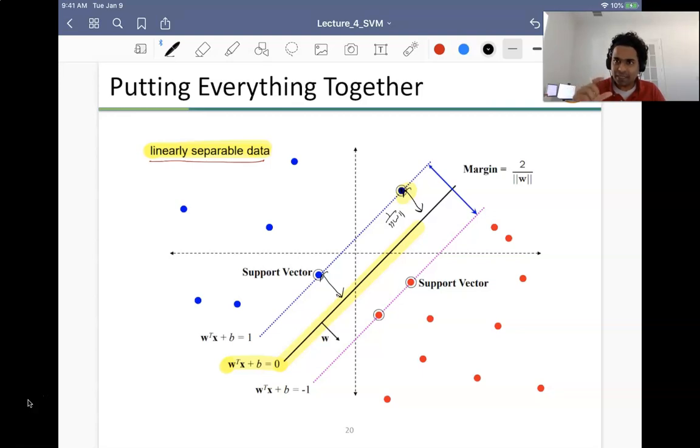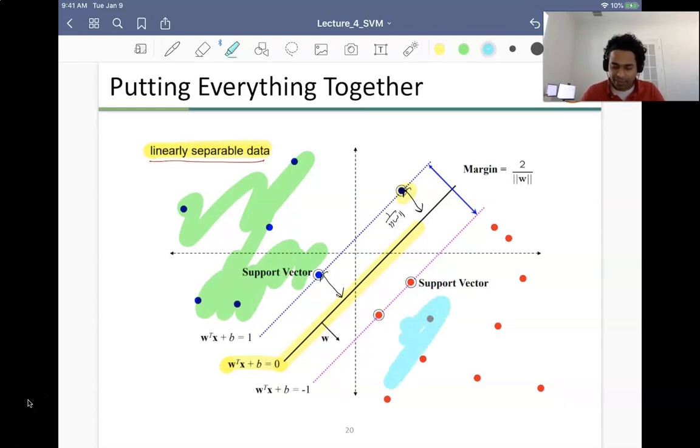So we want to maximize this distance, subject to the constraint that all my positive points and all my negative points lie on the two sides.